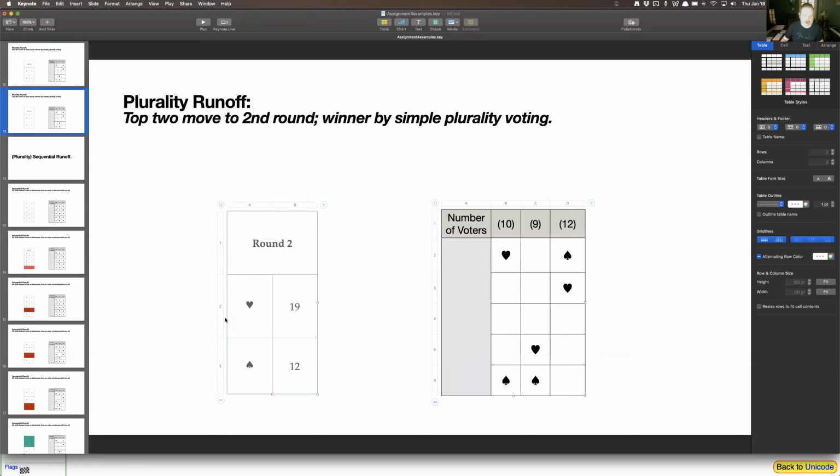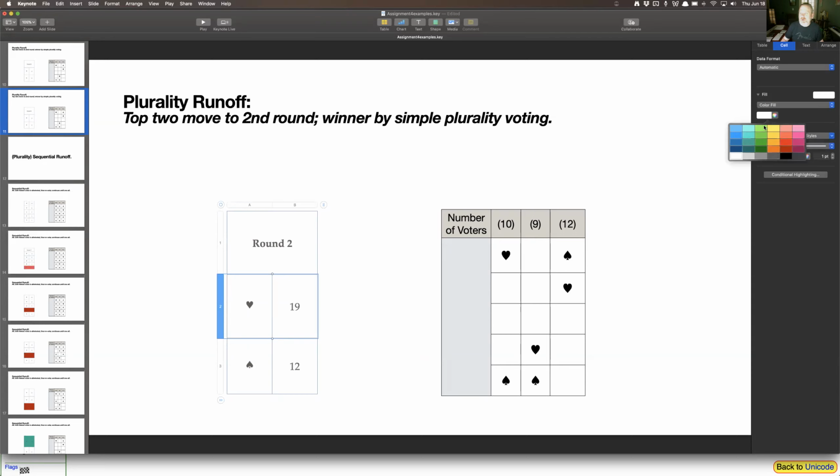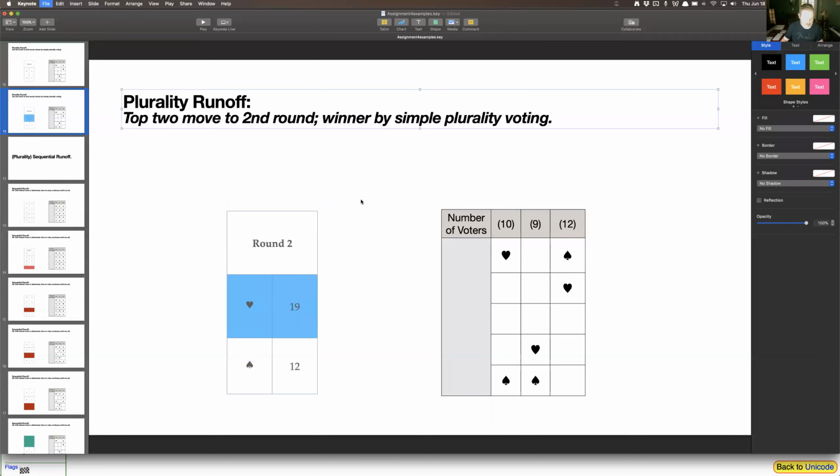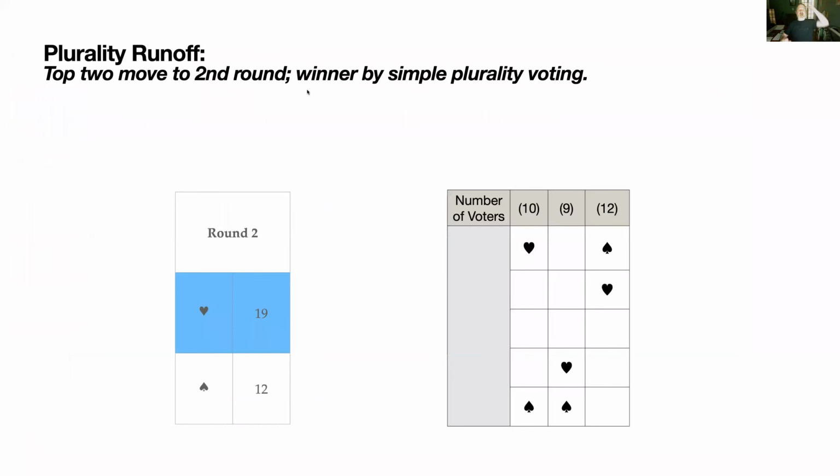The winning alternative is going to be hearts, right here. So that is how you do plurality runoff. You drop all but the top 2, and then you run it again.